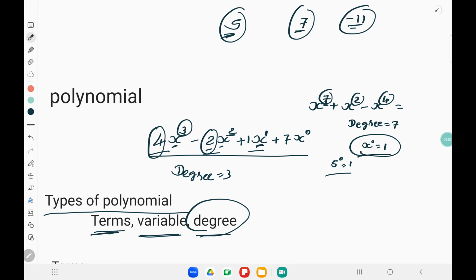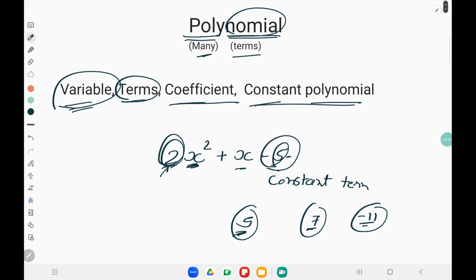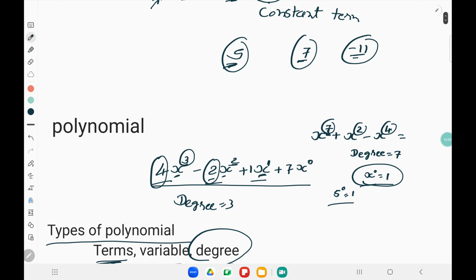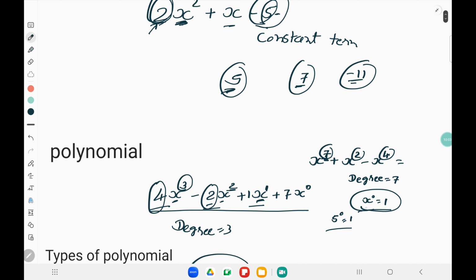Okay, here is one more thing. We learned about the constant polynomial, which I didn't explain. Let me explain it here. What does constant polynomial mean? Let's say I write 5, 7 and minus 11 as constant terms. We call these constant polynomials. Why? 5 has no variable. If I wish to, I can add any variable but with power 0.